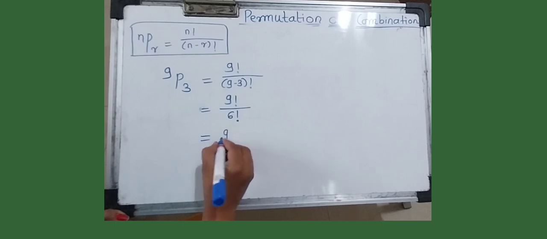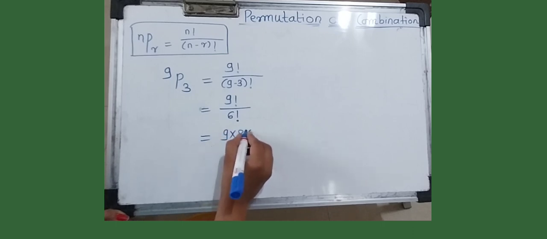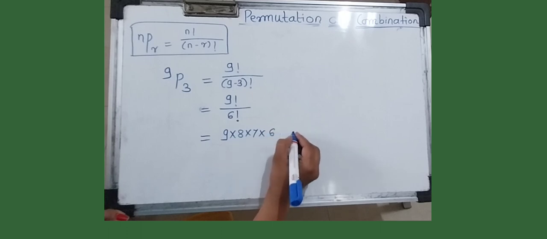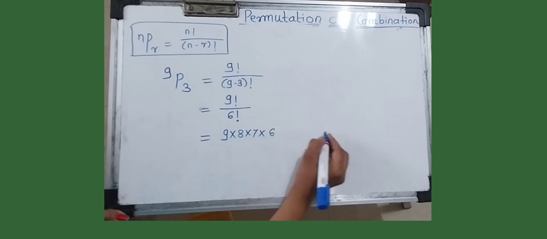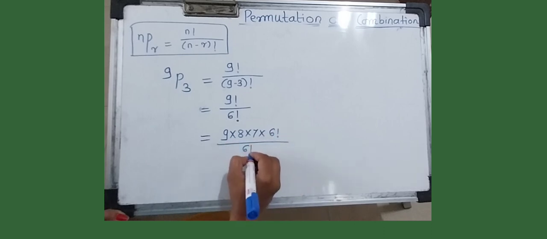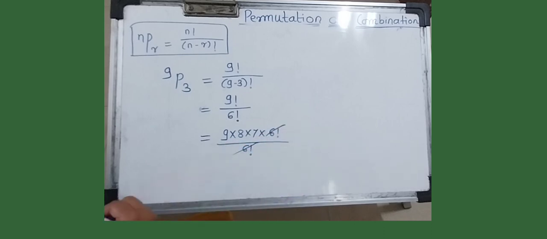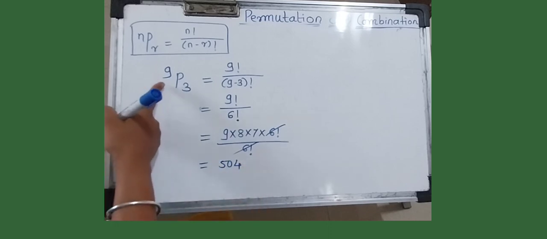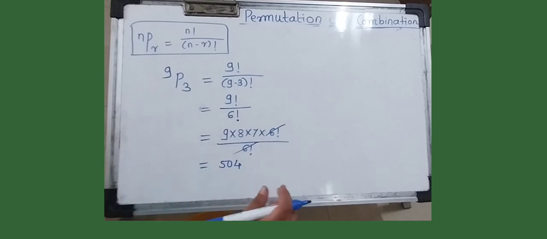Okay. 9 into 8 into 7 into 6, 5, 4, 3, 2, 1, which is 6 factorial, upon 6 factorial. So 6 factorial cancels, and the product of these 3 is 504. So the answer of 9P3 is 504. Clear?